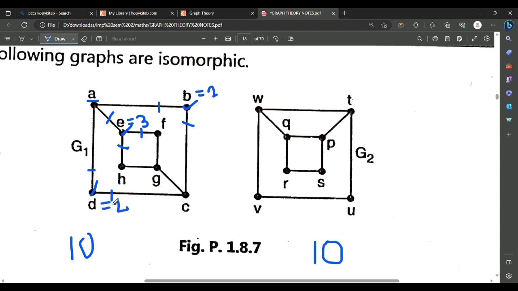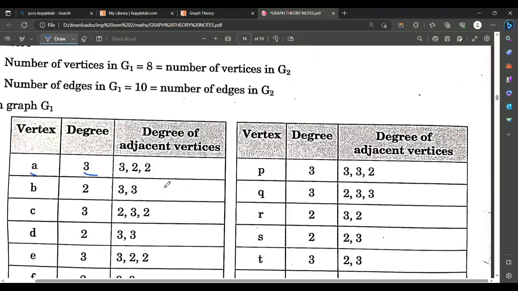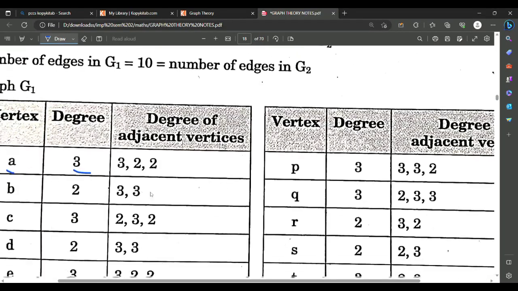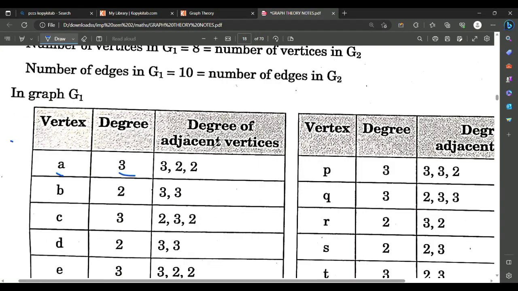Therefore we will write here the degrees of adjacent vertices as 3, 2, 2.